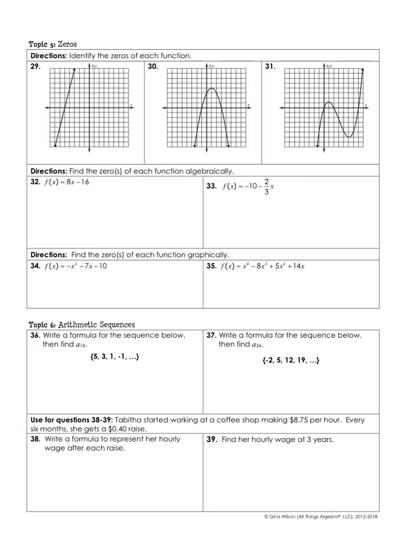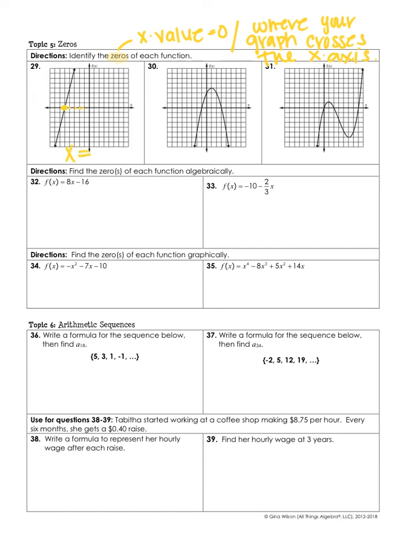For number 29, 30, and 31, you're going to identify the zeros of the function. For this, just remember that a zero is when your y value is 0. Graphically, it's where your graph crosses the x-axis. So on this one, if we count 1, 2, 3, 4, our graph crosses the x-axis at negative 5.